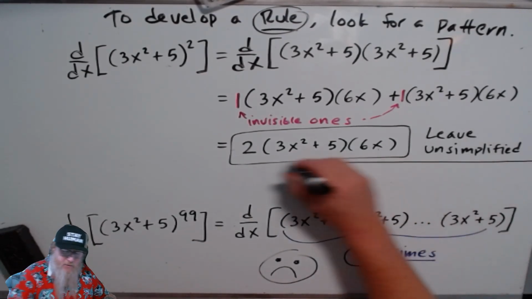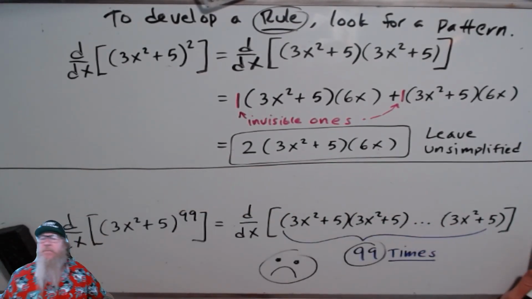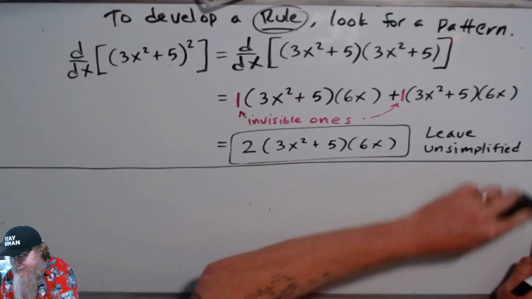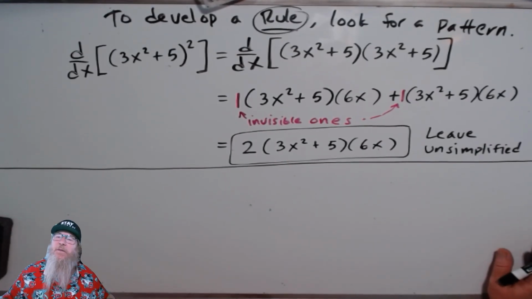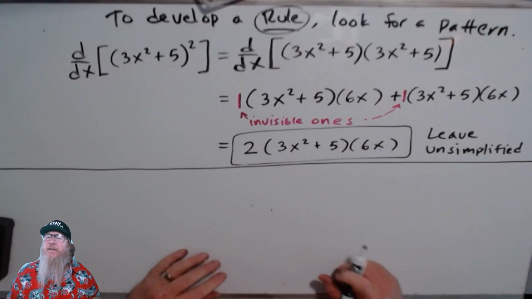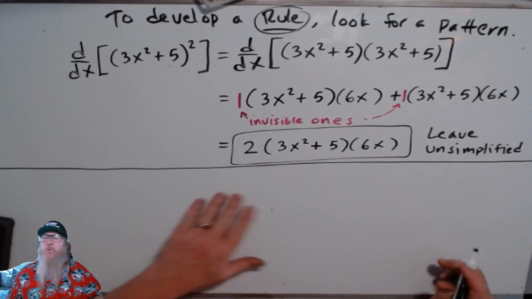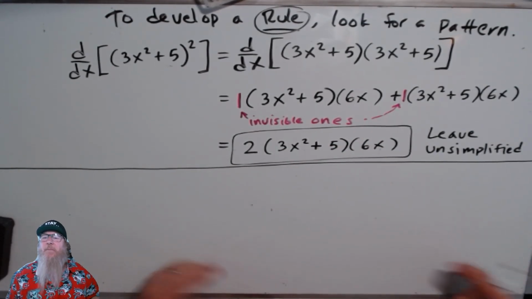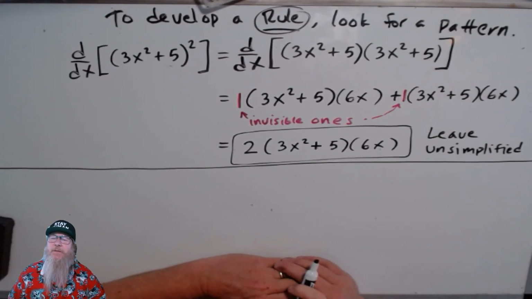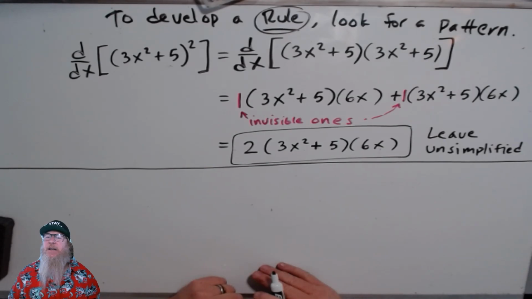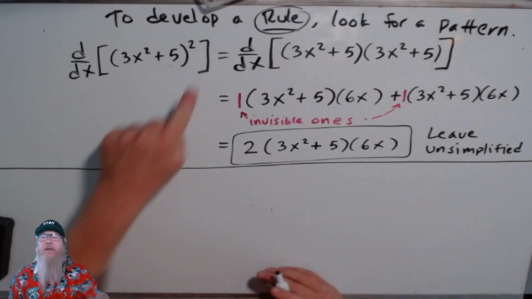Well, in math, we don't cut open frogs or pigs' eyeballs or anything like that. What we do is we dissect functions. These are our creatures, the poor things that we're cutting up and piecing them back together in different arrangements. All right, so we're going to leave that unsimplified. That's a result for a second power.